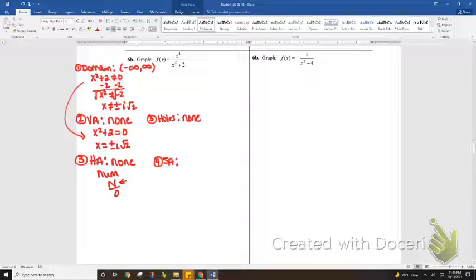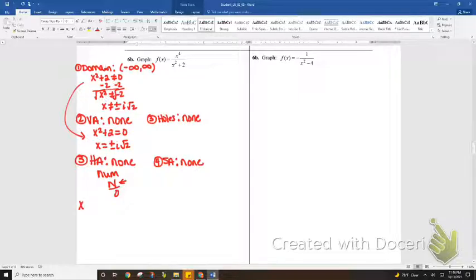The slant asymptote says the degree of the numerator has to be greater than the degree of the denominator by 1. Well, is the degree of the numerator greater than the denominator? Yes, x to the fourth is greater than x squared. Is it by 1? No. So therefore, there's no slant asymptote either.